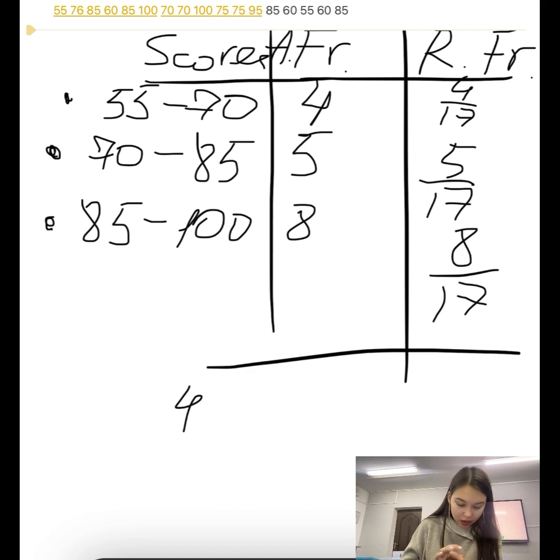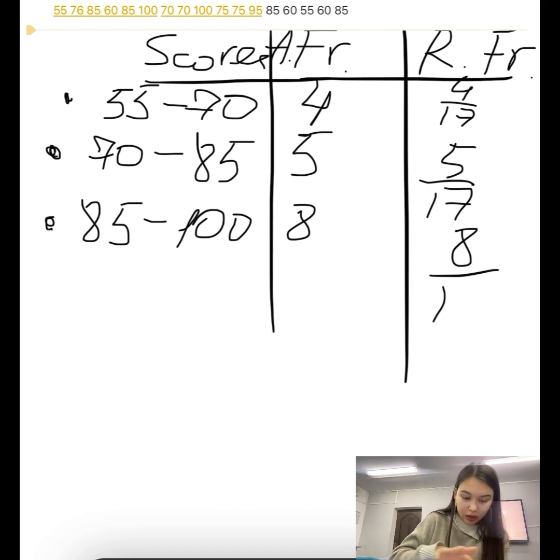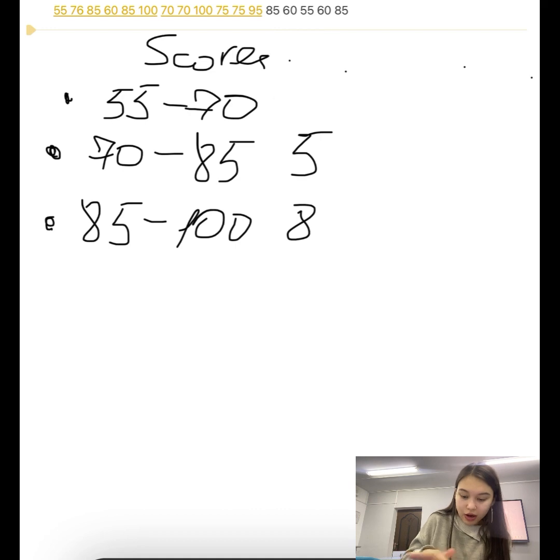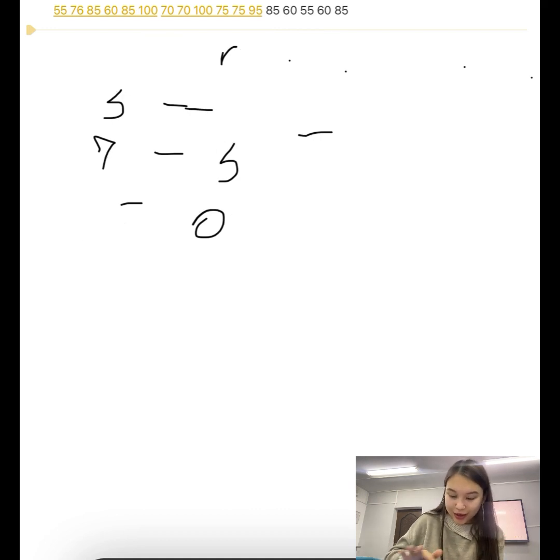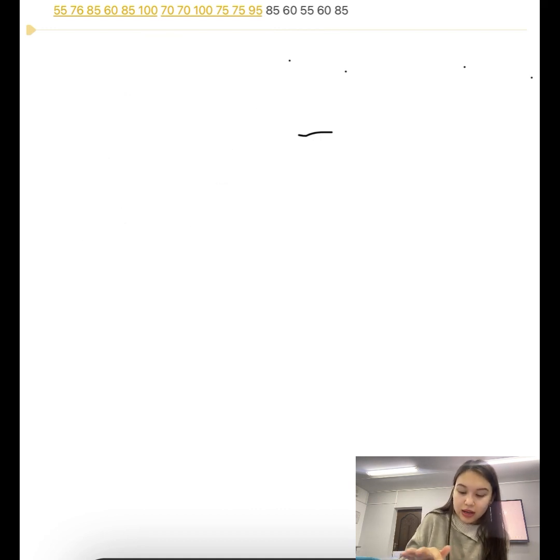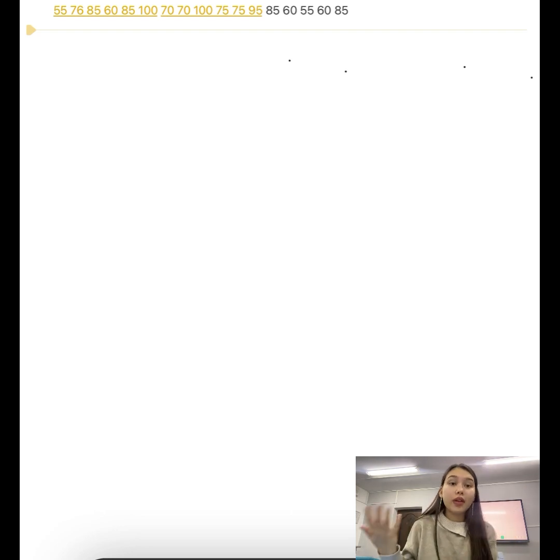And now if we draw a histogram, I have to explain to you that a histogram is something like a diagram of the data you have just made.